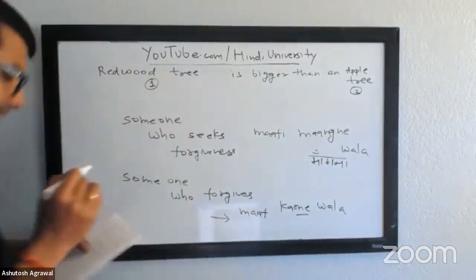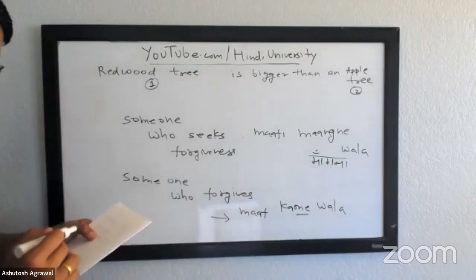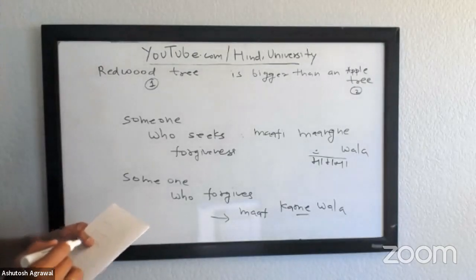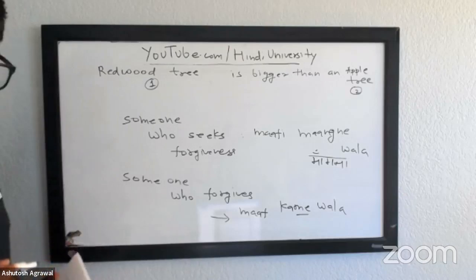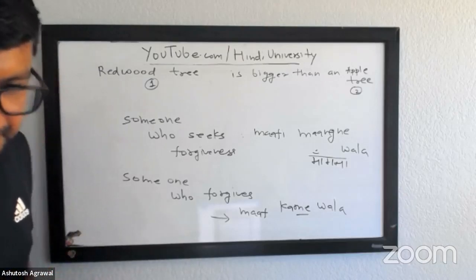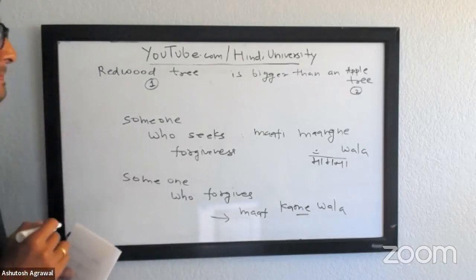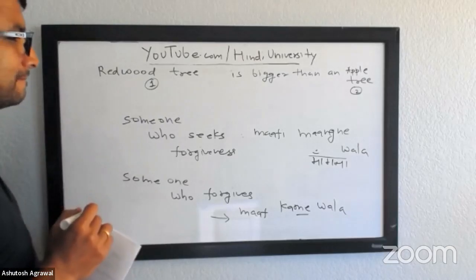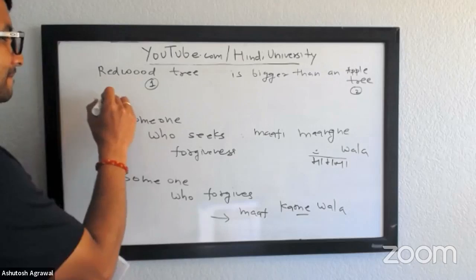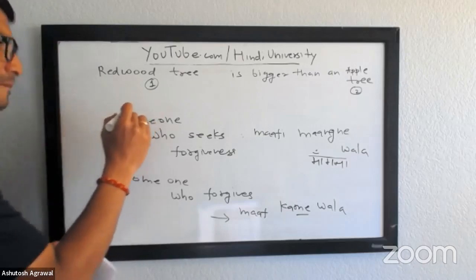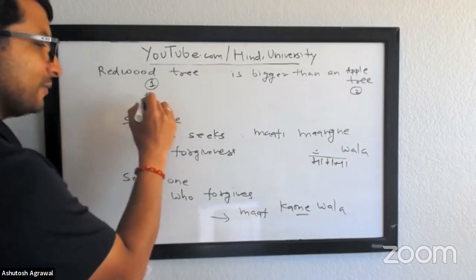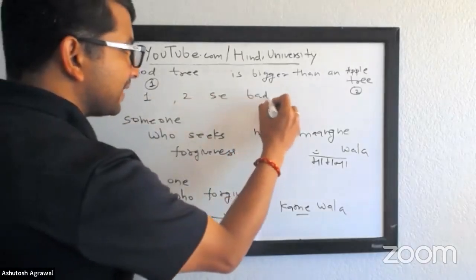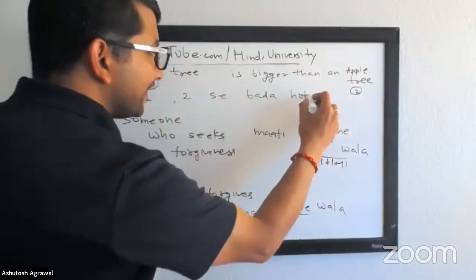How do you say that in Hindi? Would it be redwood tree, apple tree, say bada hai? Very good, right? So I'm going to just say 1, 2 say bada hota hai.